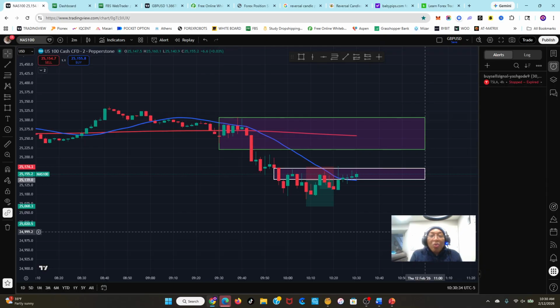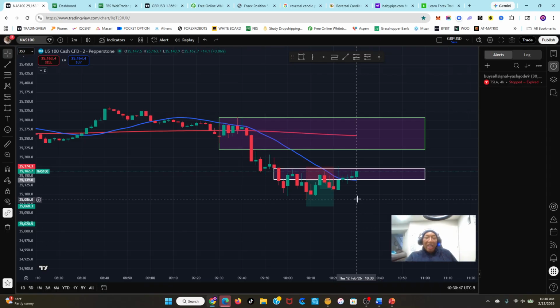So right now, excuse me, what you guys can see is that there's a lot of indecision here. We are in a tight range here. You can see that spot right there and that spot there. This is a tight range, but we are eventually going to break out of this, and let's see what happens.